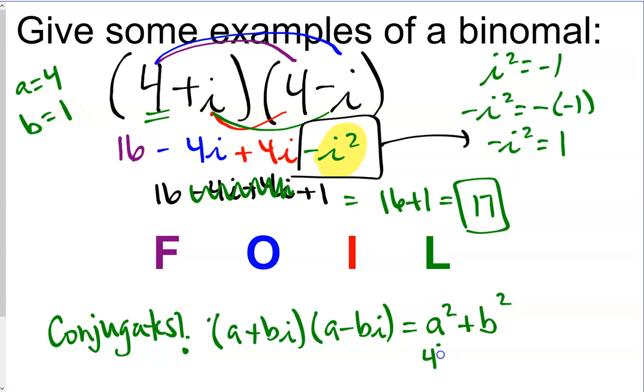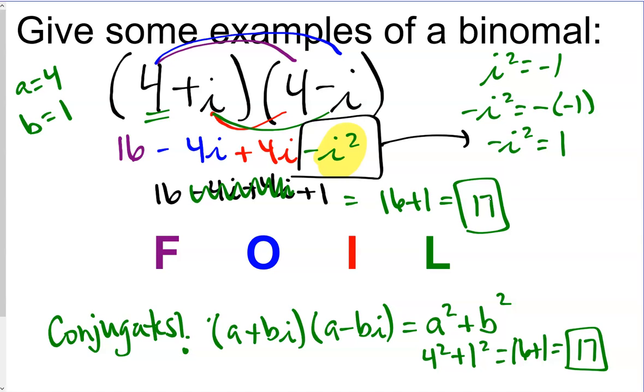So 4 squared plus 1 squared is 16 plus 1, which is 17. So that's a nice little shortcut. You don't have to do this each time. You can actually work it all out. I like to show you shortcuts when I can. But when you do multiply conjugates together, you only get a real number out of it. Your imaginaries cancel out. And yes, that's going to happen every single time.